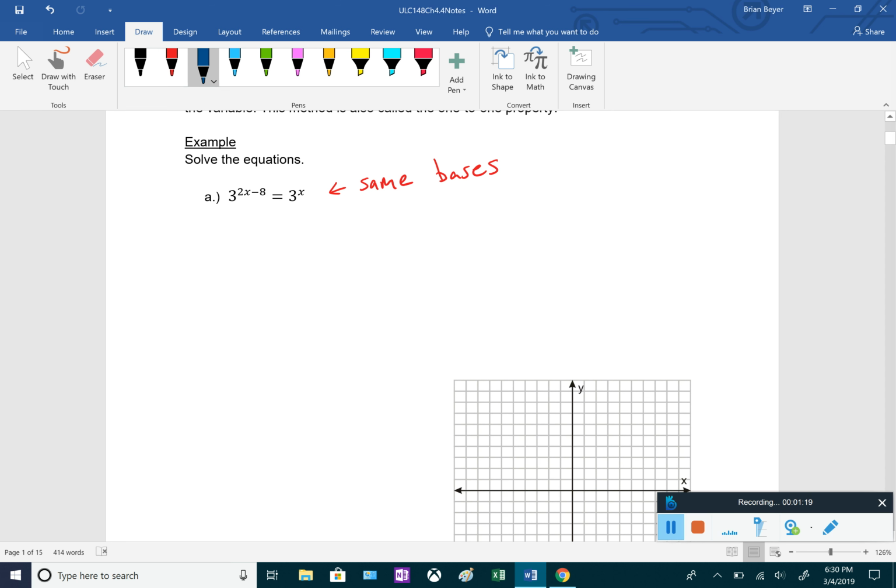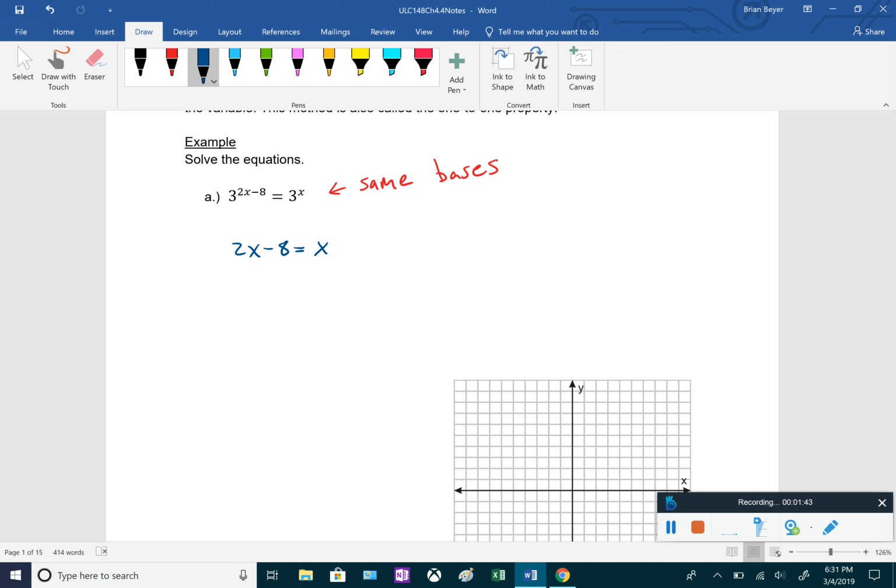Since they have the same base, all we have to do is set their exponents equal to each other. The bases essentially cancel each other off. What we're technically doing is taking log base 3 of both sides, and it cancels that base. So we set the exponents equal to each other, and now we have a nice linear equation.